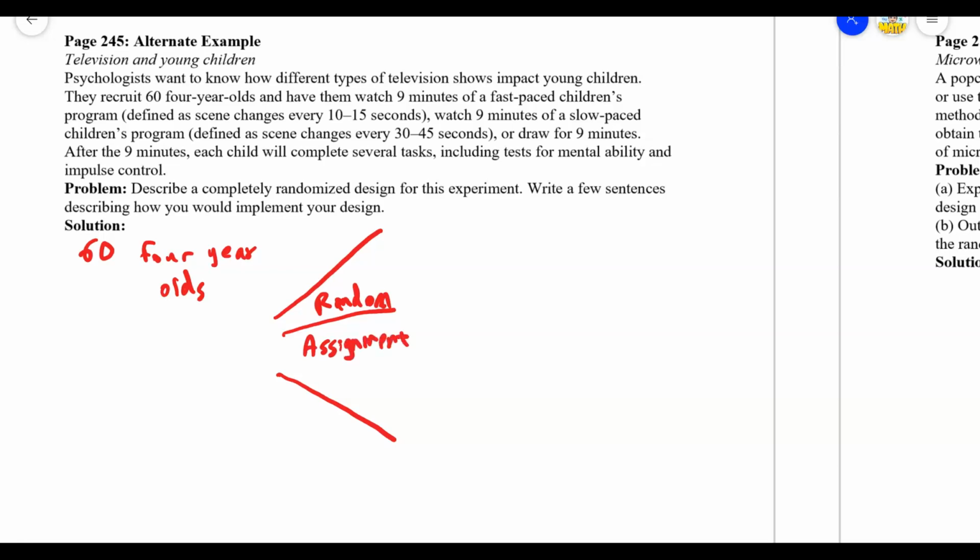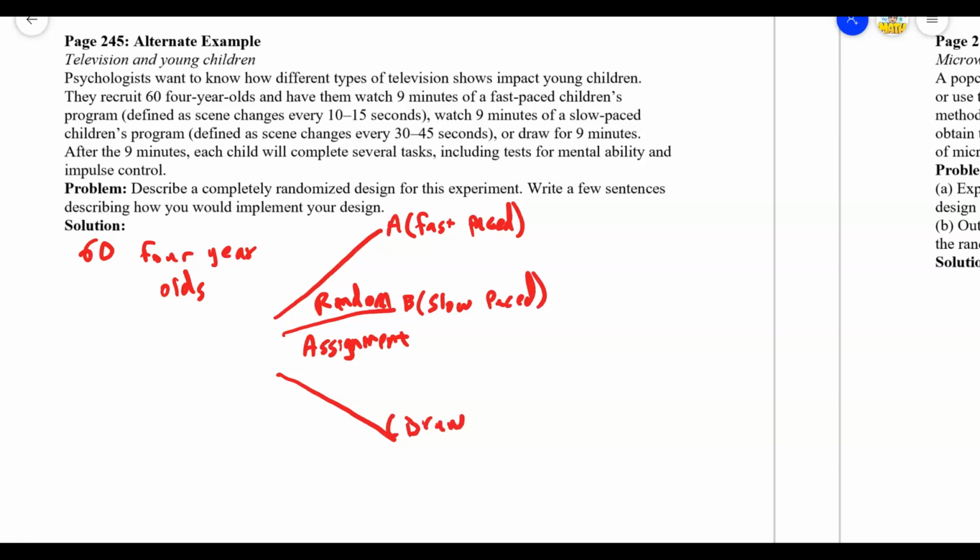Okay, so I'll call the groups treatment A. This is fast-paced. And you don't have to call them treatment A, treatment B. If you just call it fast-paced, that's fine. And then we have slow-paced. And then we have draw, right?